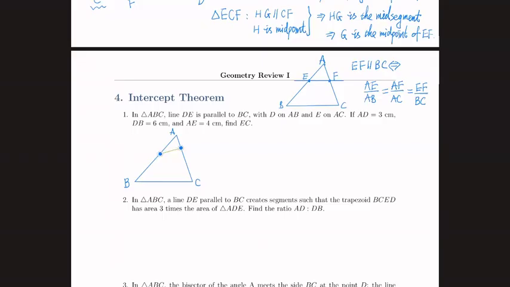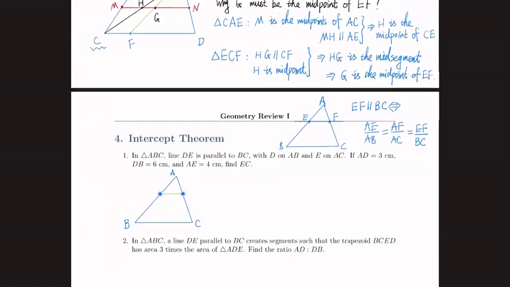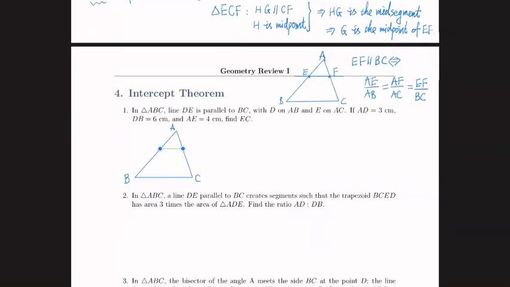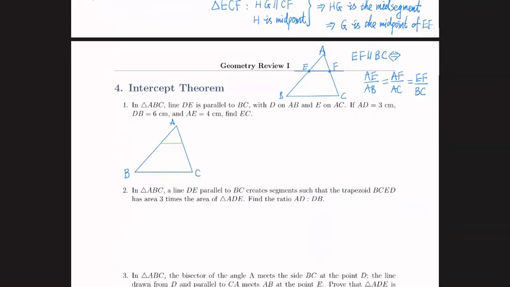You said E on AC on the previous one and D on AB. Now it's a different triangle. Okay, for this one, D on AB, E on AC. Yep, okay, this will be D, E.